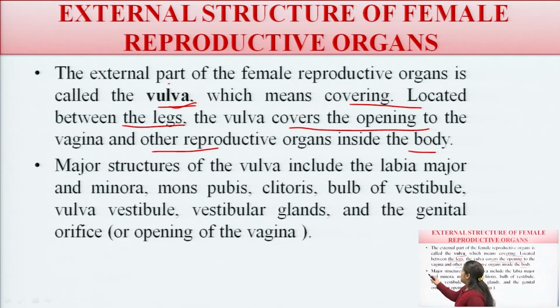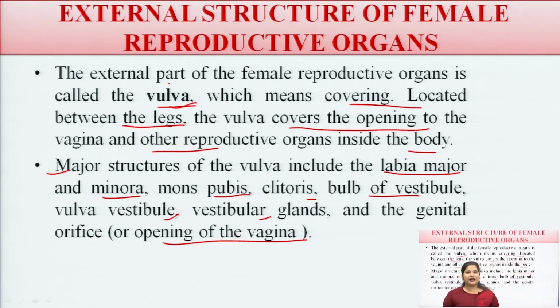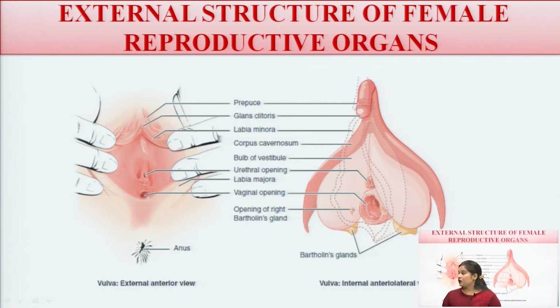The major structures of the vulva include the labia majora and labia minora, mons pubis, clitoris, bulb of vestibule, vulval vestibule, vestibular glands, and the genital orifices, that is, the opening of the vagina. These are the external structures of the female reproductive organs.